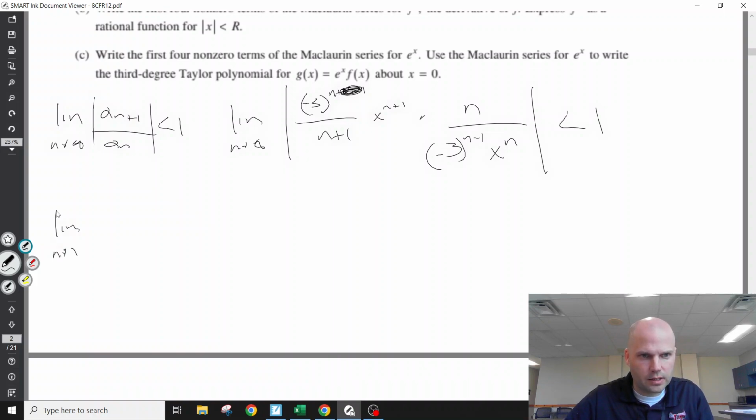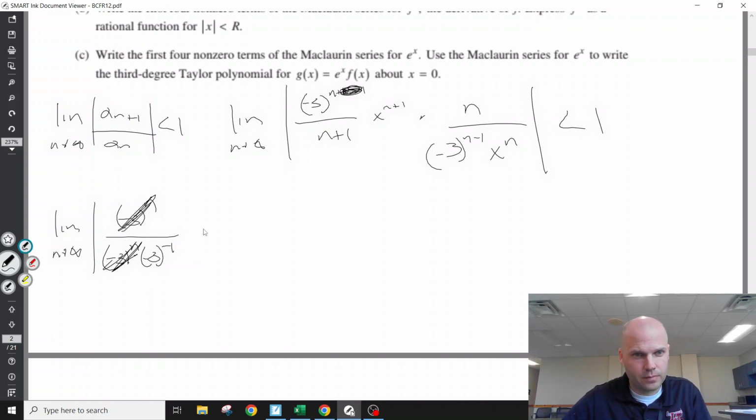We did this in class, but try them again, right? I got negative 3 to the n. This is negative 3 to the n, and negative 3 to the negative first. That goes away, that goes away. That brings the negative 3 to the top. I got an n over n plus 1, which is going to go to 1 as you plug in infinity.